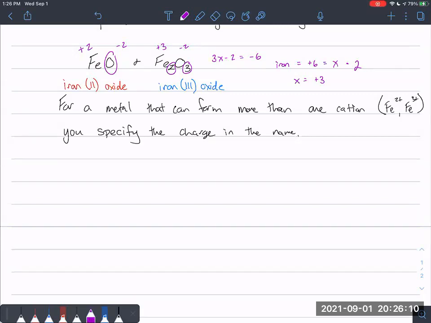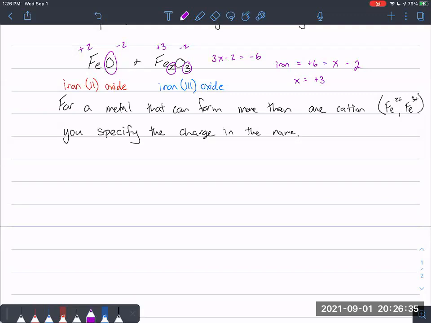Silver always forms a +1. Cadmium and zinc always form +2 ions. All of the rest of the transition metals can form more than 1. Some of them can form more than 4. What was cadmium again? Cadmium is a +2.